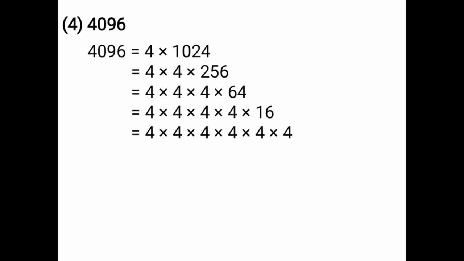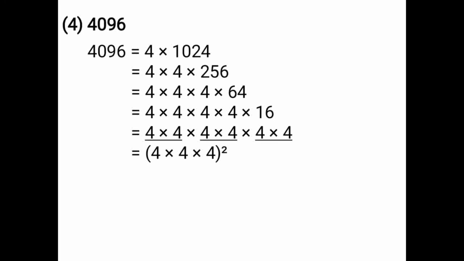Now you have to make the group square form, that is 2 times multiplication form number 4. Underline it, 2 times multiplication form number 4. When you make the group, it should be in square form. Two numbers you have to multiply to make one group. 4 into 4 is 4 square, 4 into 4 is 4 square, 4 into 4 is 4 square, that is equal to 4 into 4 into 4 the whole square.